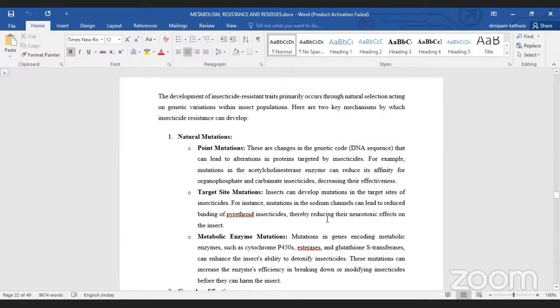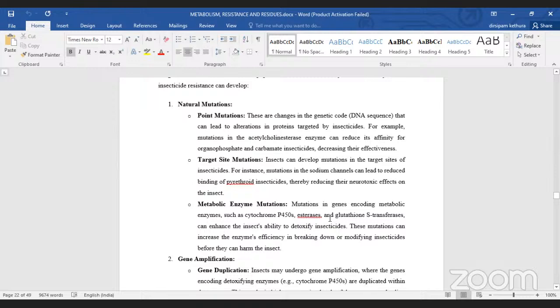Here I have given a few examples under natural mutations. The first one is point mutations. These point mutations are the changes in the genetic code that will lead to alterations in proteins targeted by insecticides, for example, mutations in the acetylcholinesterase enzyme can reduce its affinity for organophosphate and carbamate insecticides, decreasing their effectiveness.